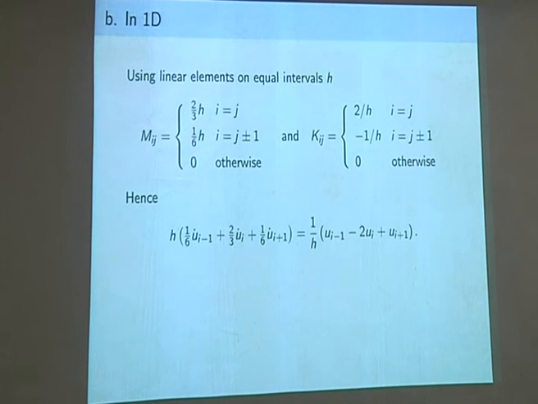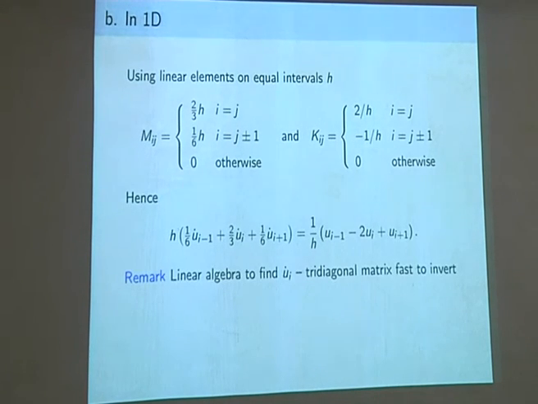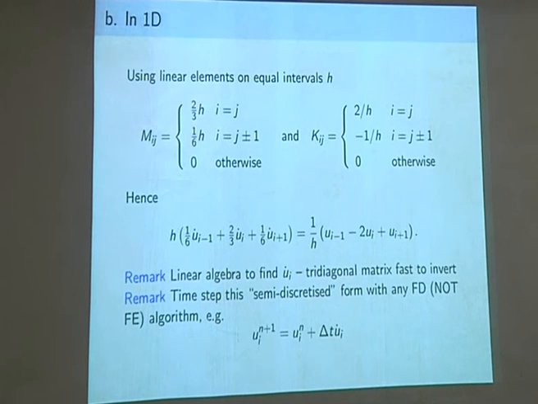And unfortunately, I don't get what u i dot is directly. I get a linear equation involving i plus 1 and i minus 1. That's a tri-diagonal matrix, and so they're very cheap to invert, as it says there.